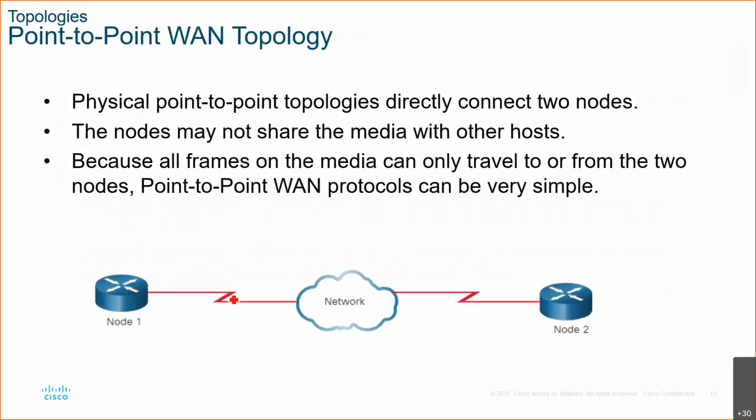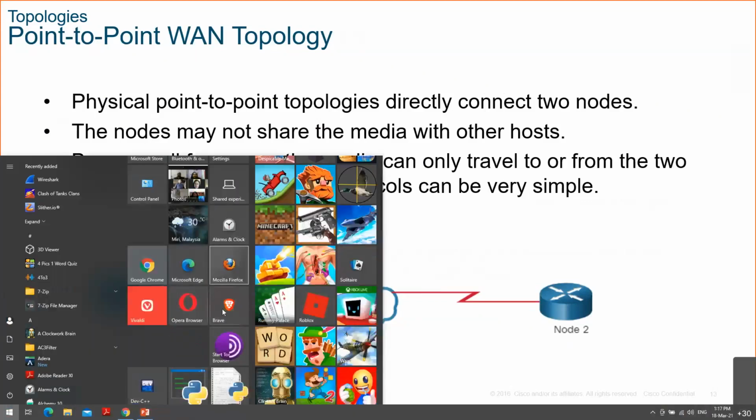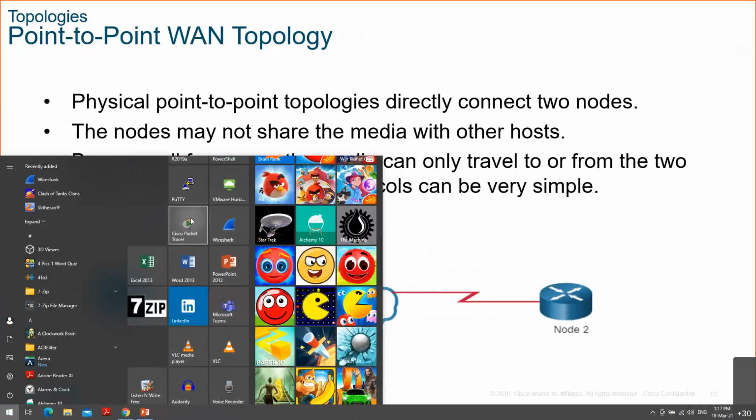They are using a serial DTE wire, something that we are going to use in CCNA 2 and 3, definitely not in 1. And this allows your point-to-point WAN protocols to be implemented when you connect two nodes. Talking about nodes, let's do a small experiment by using our Cisco Packet Tracer.